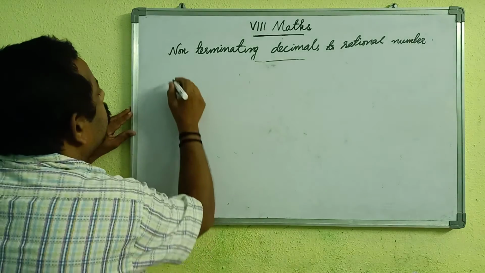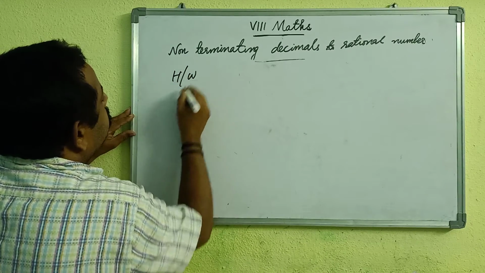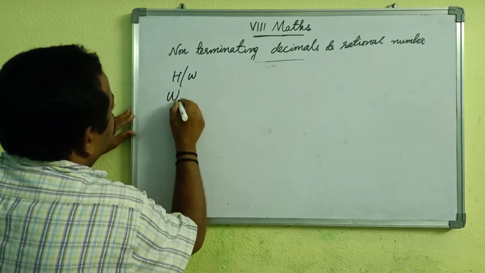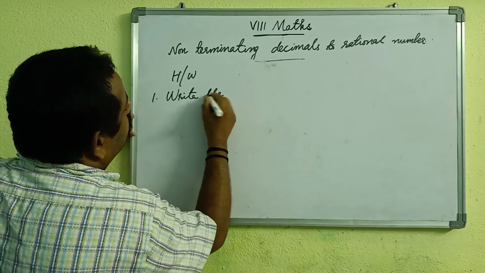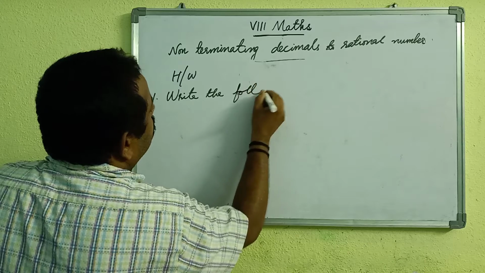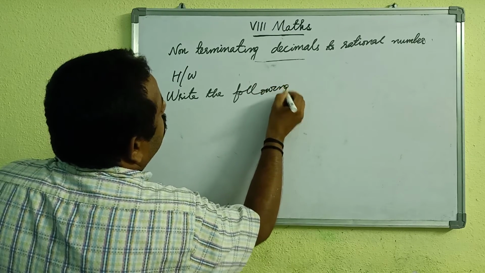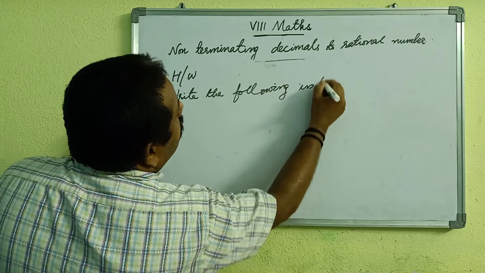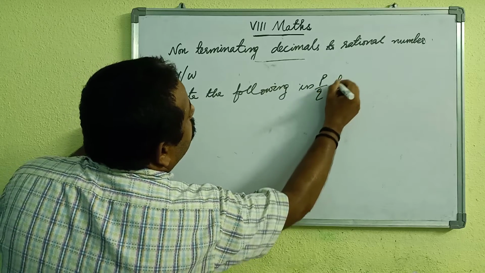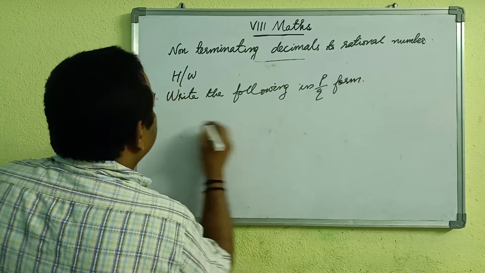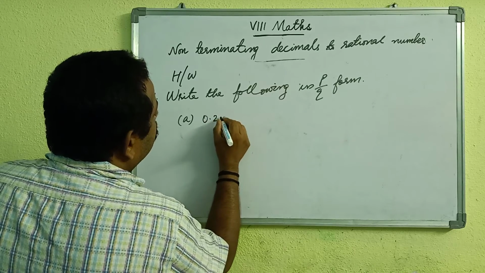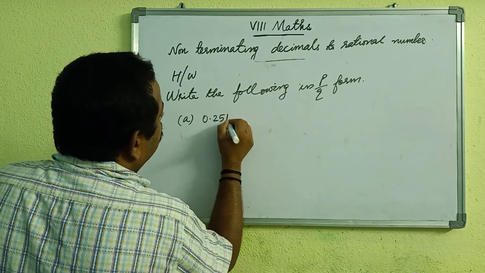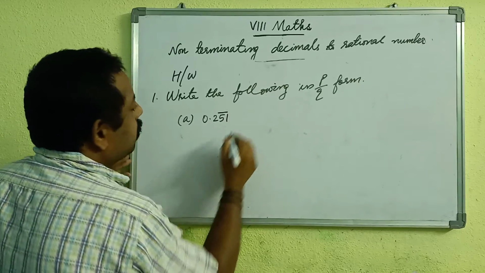So today's homework: write the following in P by Q form. First one, 0.25151 bar.